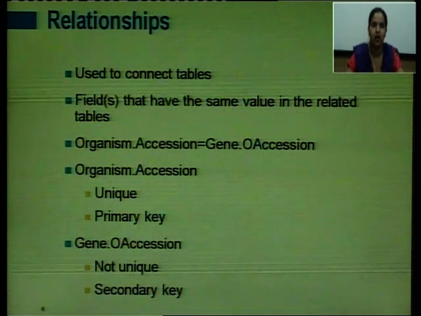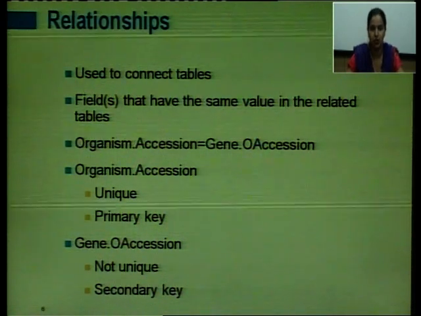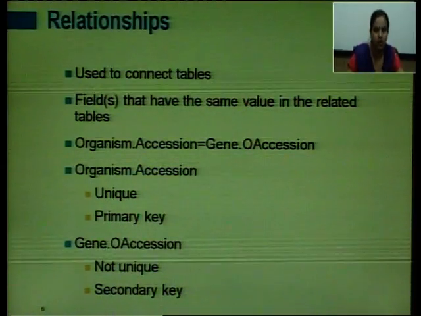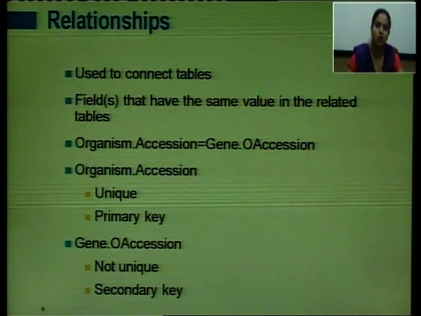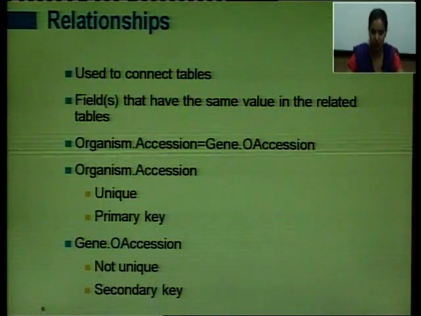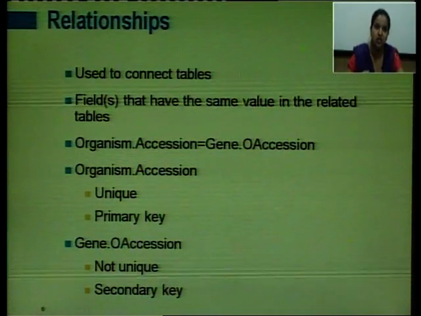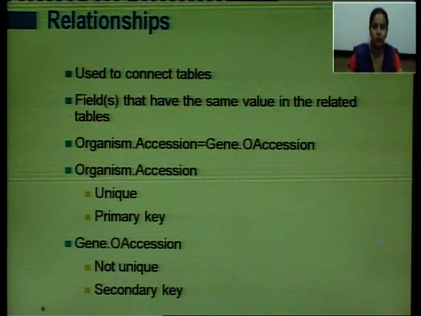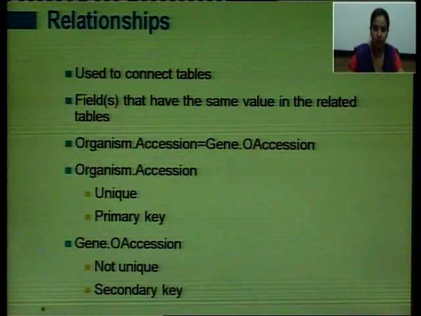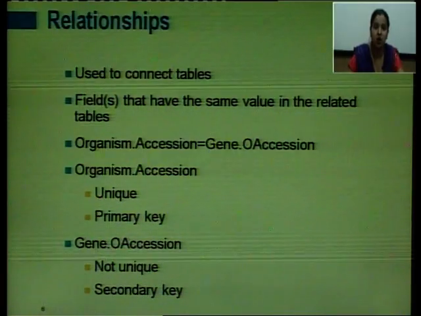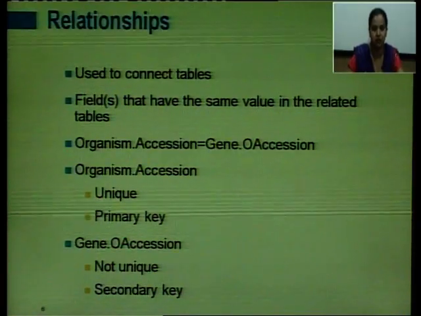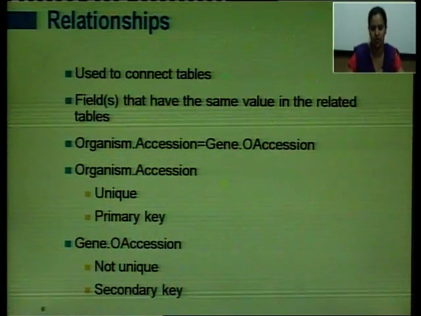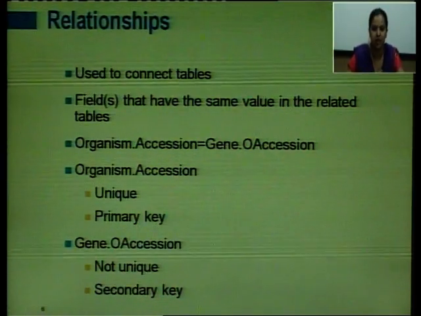For example, organism.accession is equal to genes.accession, meaning the two tables, organisms and genes, are related through the accession column. This accession should have unique attributes, meaning the value is not repeated one after another, and the unique attribute is known as the primary key.